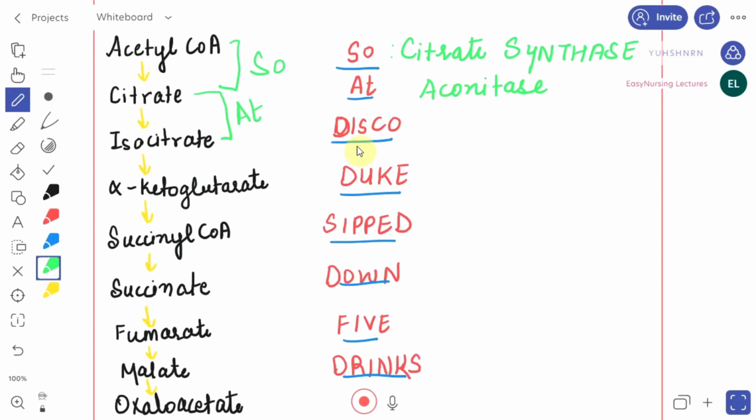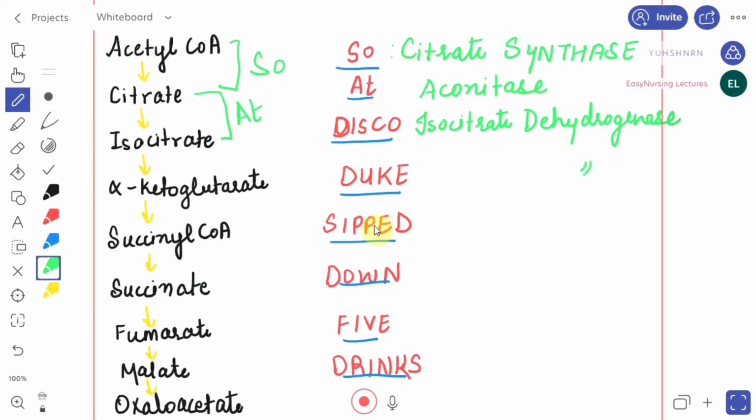Okay, from Disco, I told you earlier that from D there will always be dehydrogenase. So here is also dehydrogenase. Whose dehydrogenase is occurring here? Isocitrate dehydrogenase, because isocitrate is now changing into alpha ketoglutarate.